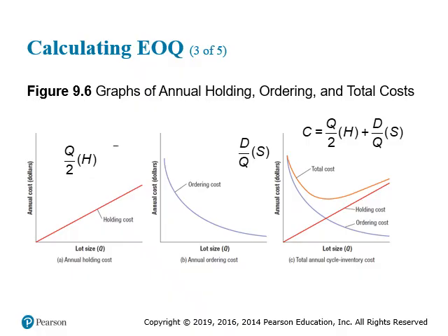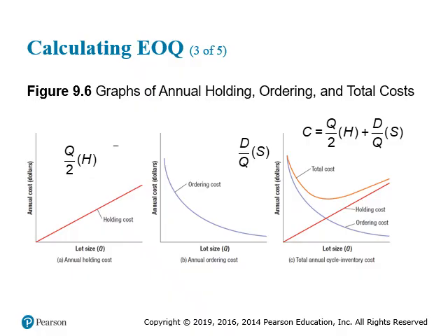Ordering cost is the number of times you order in a year. Number of times you order in a year would be annual demand divided by the quantity that you order. So it's number of times you order in a year times the setup cost. So because Q is in the denominator when you're figuring the number of times you order per year, the bigger Q gets, the smaller your annual ordering cost is.